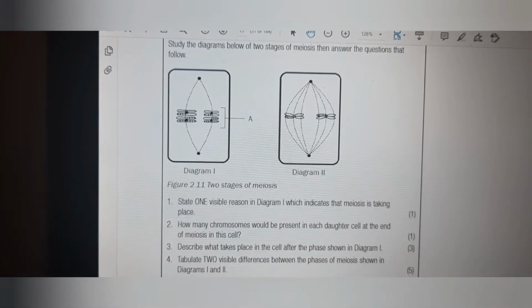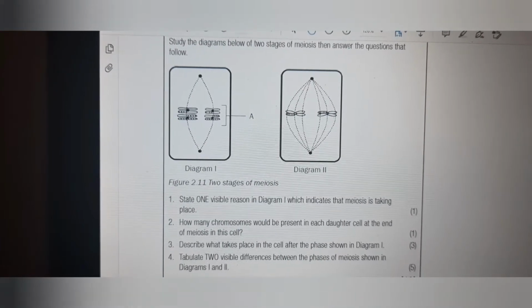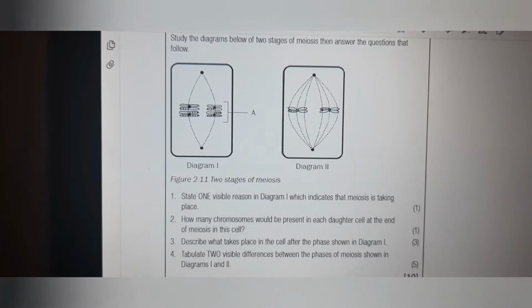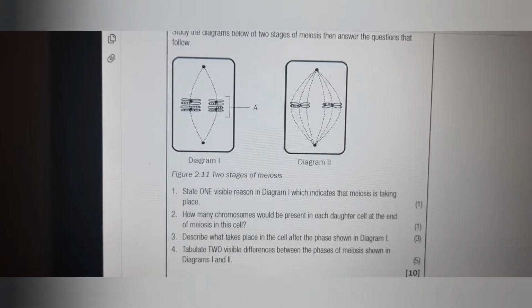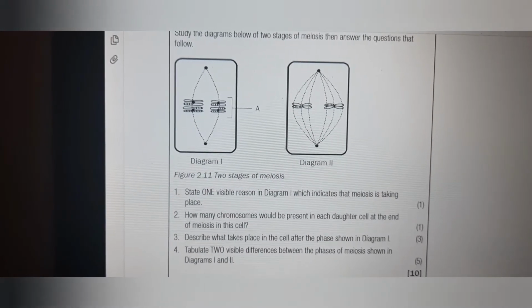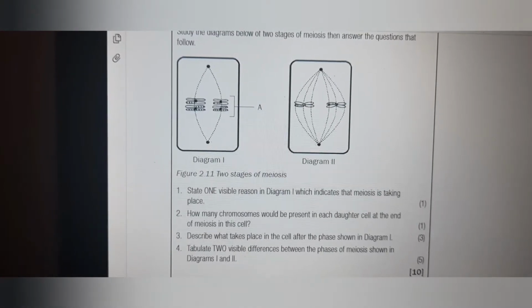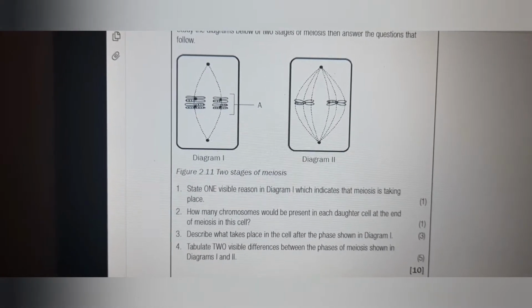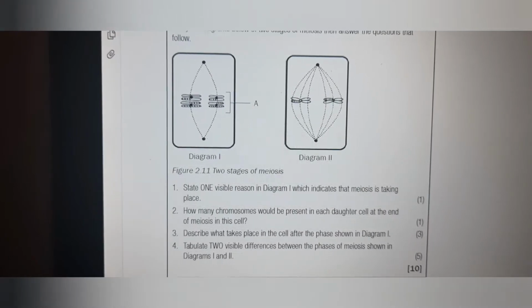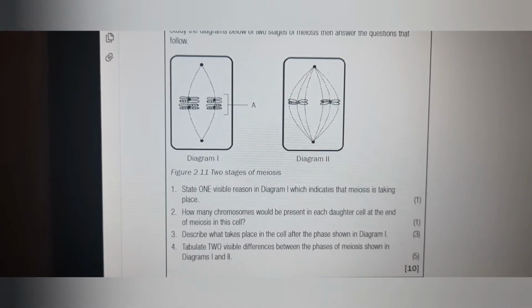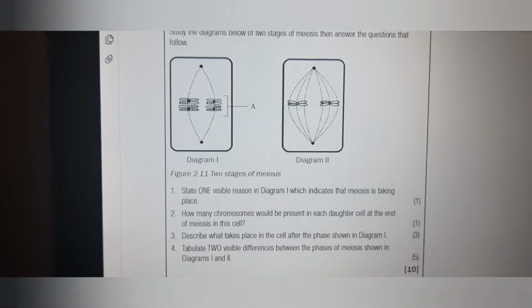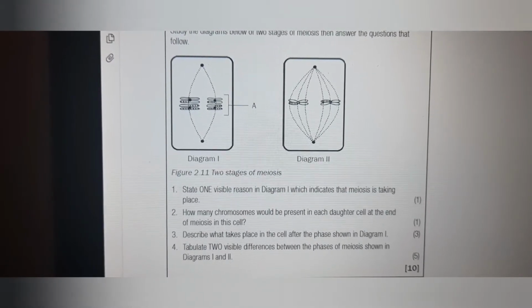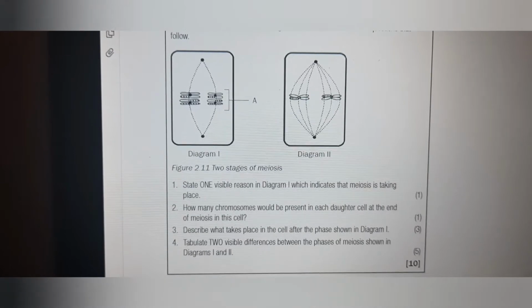When you study the diagram, you look at it and then you relate it to what you have been taught. So now question 1 says: state 1 visible reason in diagram 1 which indicates that meiosis is taking place. As you can see, if you look at that diagram 1 and analyze it, you can see that there's an exchange of genetics, but we'll answer that.